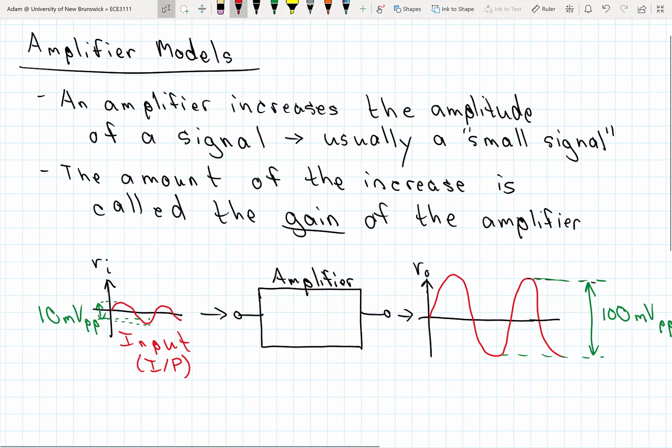Okay, and this, as I said, is the output, which we will sometimes abbreviate as O/P.